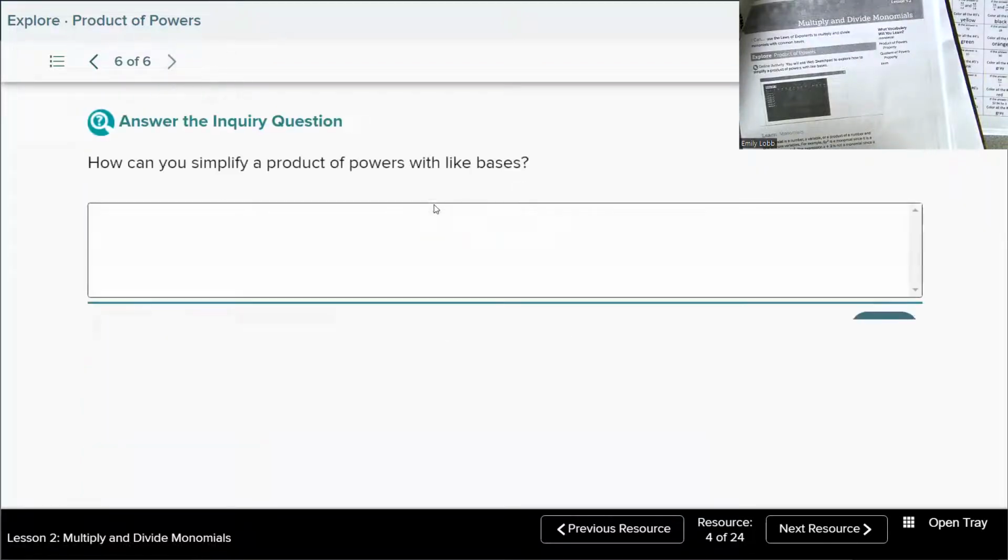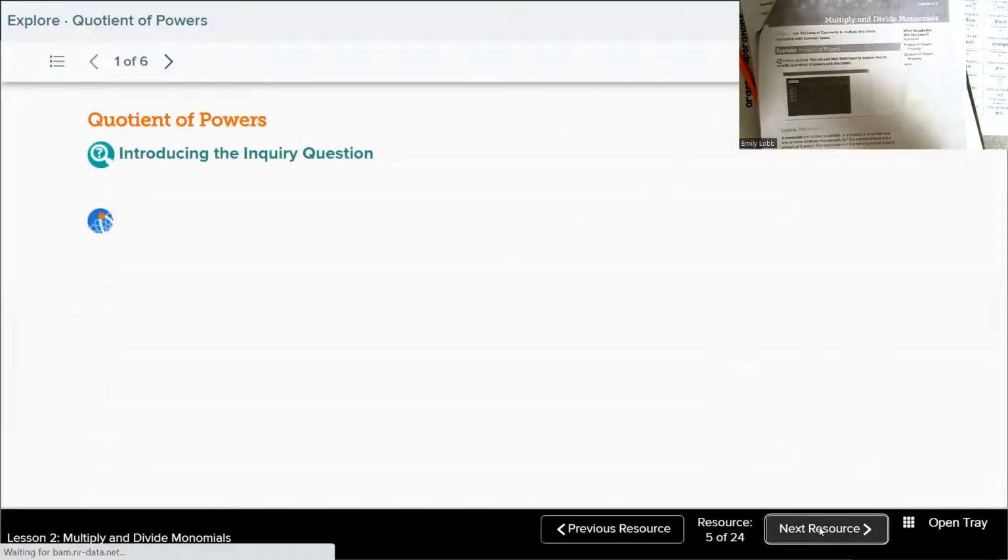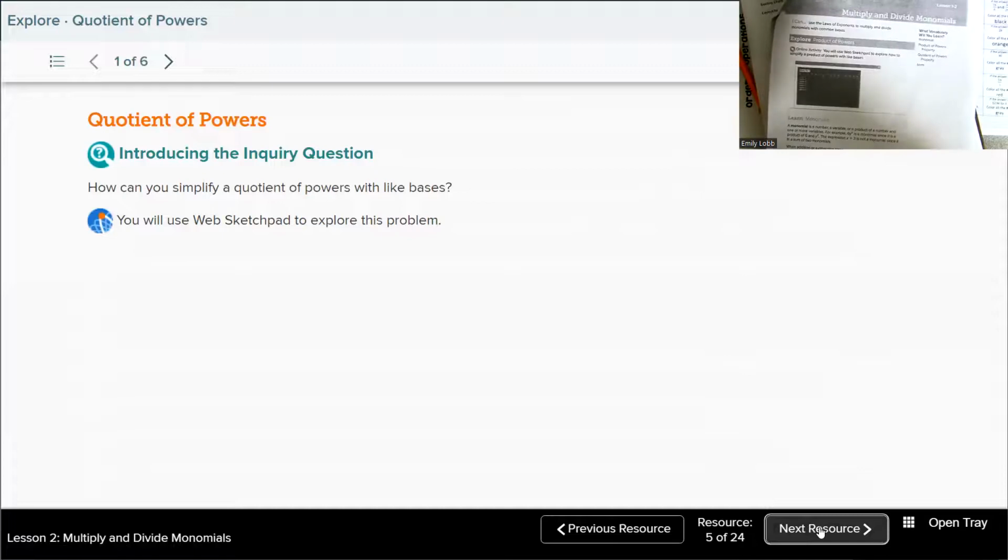We're figuring it out for ourselves. So how can you simplify a product of powers with like bases? We keep the base the same and we add up what? The exponents. Yep, the little numbers, the little guys. We got to add them up. Okay. So that is our explore.